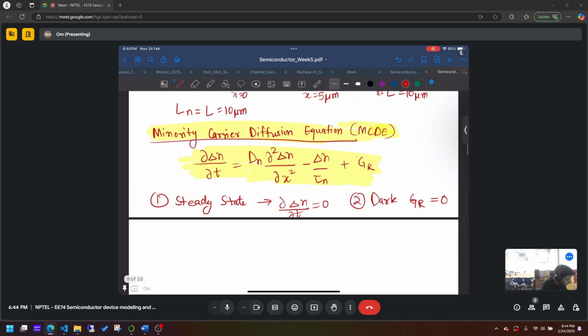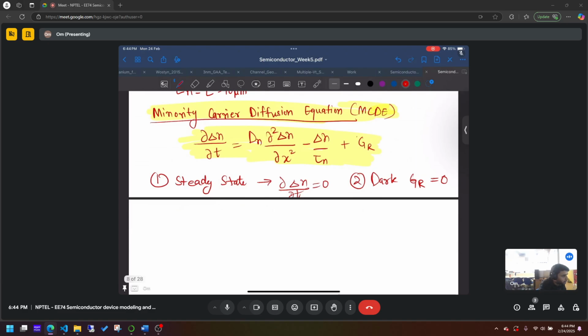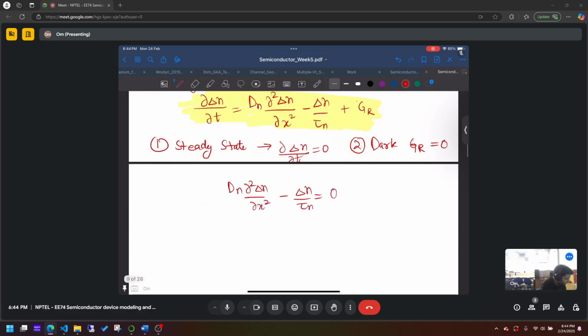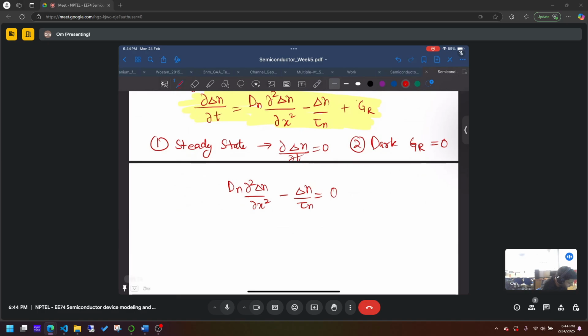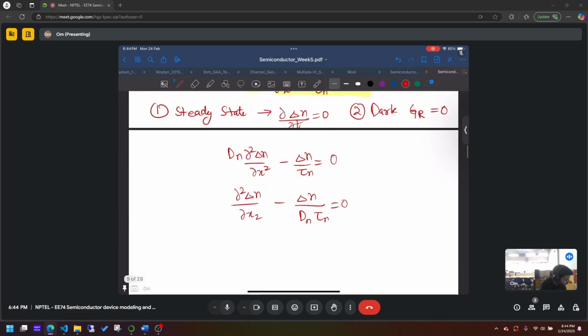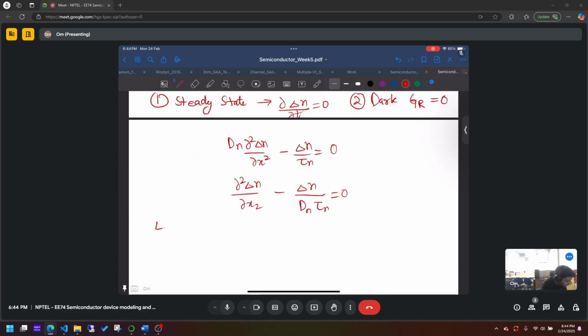So in these conditions, our final equation becomes Dn d2 delta n by del x square minus delta n by tau n equals 0. We can rearrange this as d2 delta n by del x square minus delta n by Dn tau n is 0.